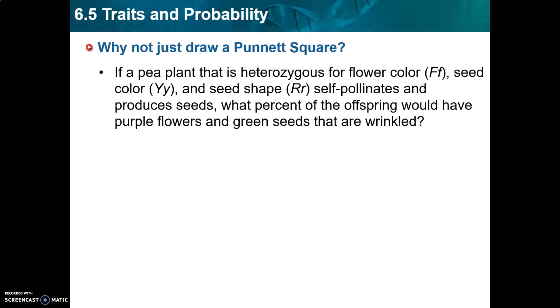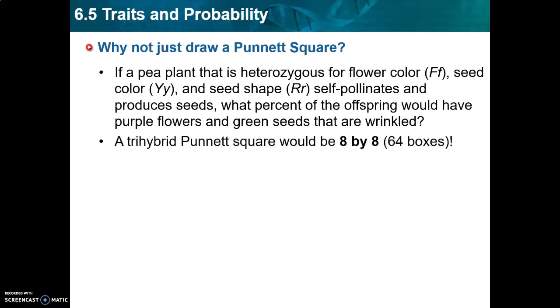So if you are trying to figure out what percentage of the offspring from this cross would have purple flowers and green seeds and a wrinkled shape, then it becomes much easier to use the laws of probability.